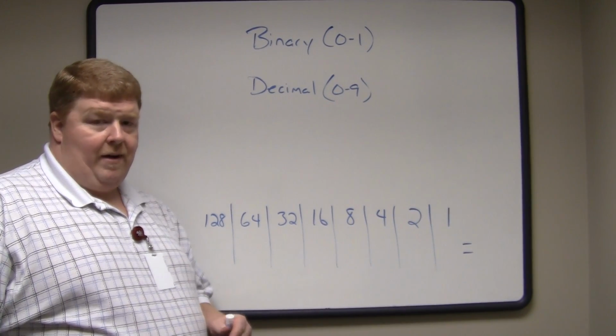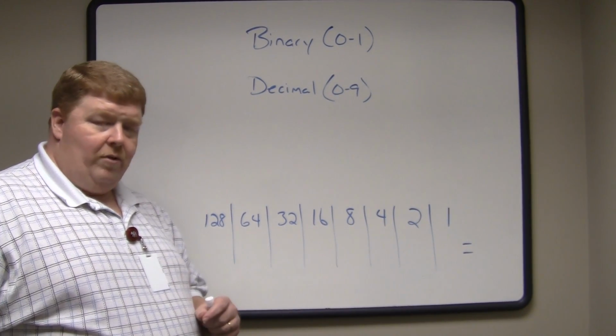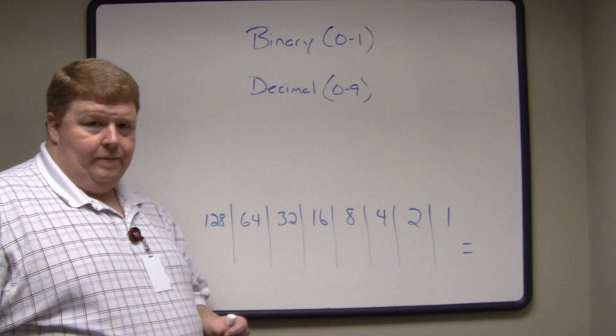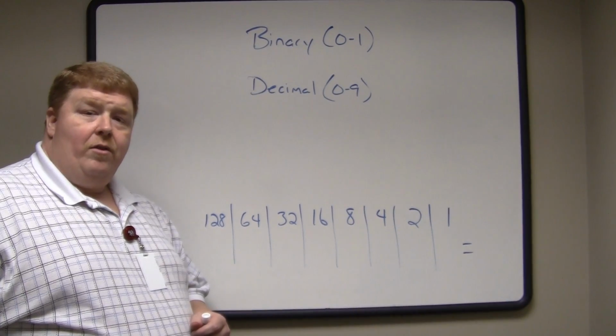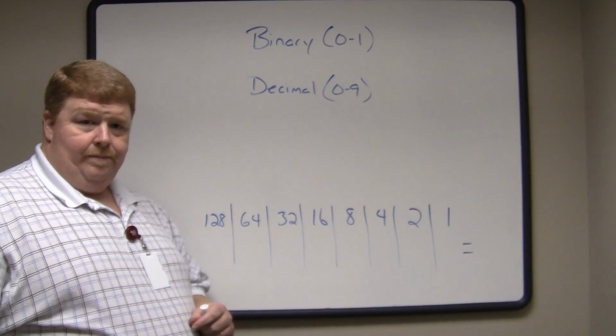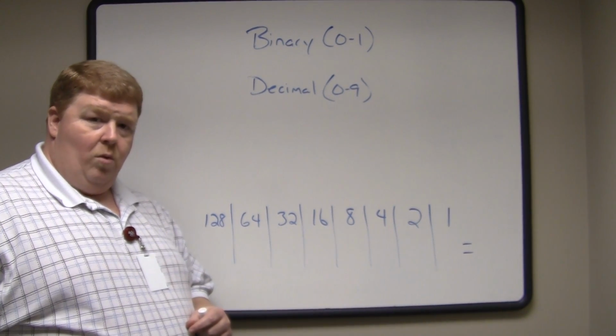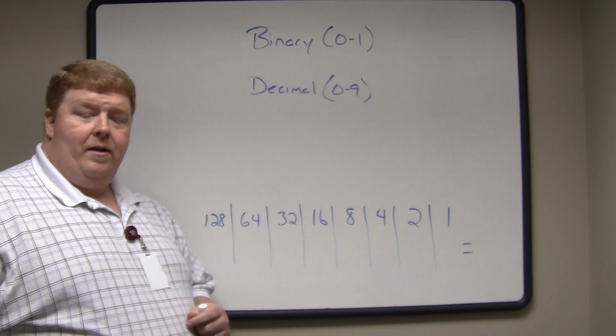Any electronic device really only understands two things: on and off. And that's where we come into binary numbers. In the world of binary, there are only two numbers in the entire numbering system, 0 and 1. 0 represents off, 1 represents on, and that's it. There is no in between.